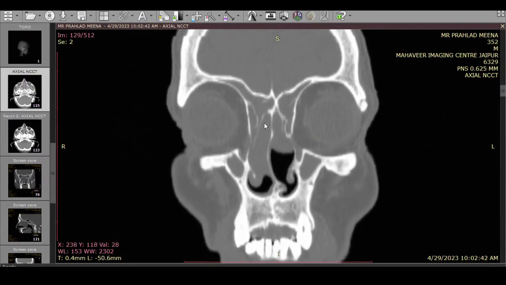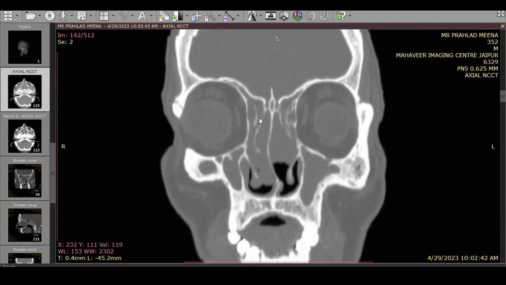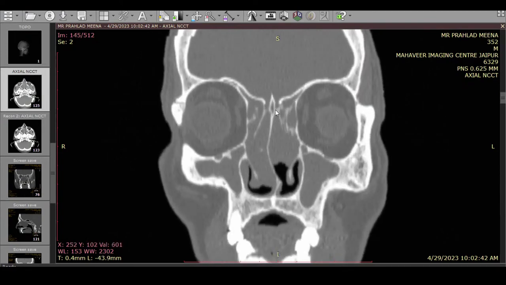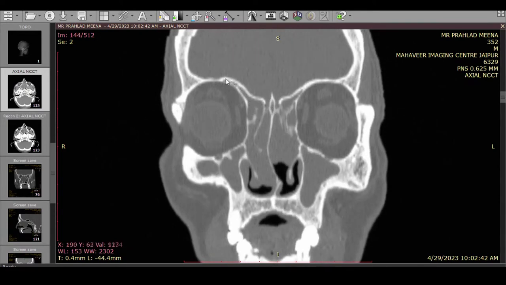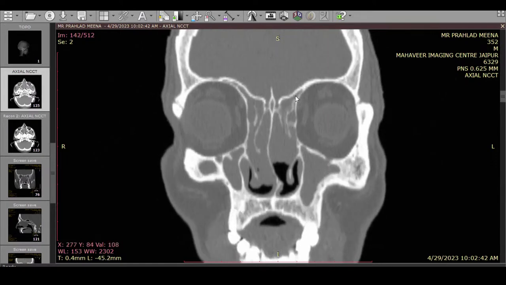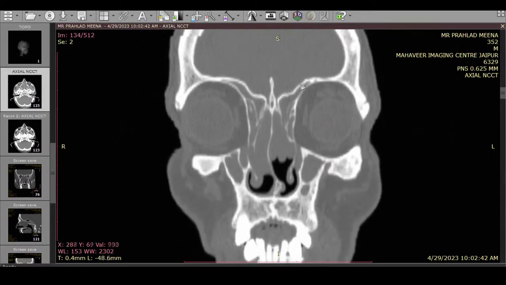Now if you go behind, this is the agger cell on this side. See the cribriform plate now? This is shallow. This is supraorbital, and it is shallow, like in the previous case, not very deep. It is going up to here only. In the last case, we saw the supraorbital space was very shallow and it was behind the frontal sinus.